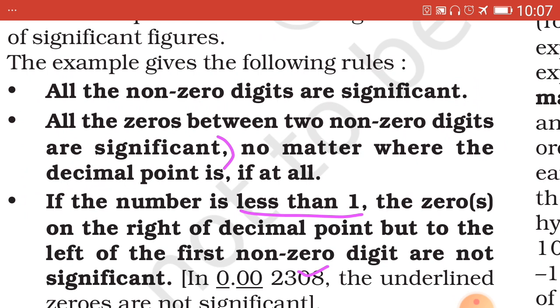So whether there is a decimal point or not, in short, all the zeros between two non-zero digits are significant. Next one, if the number is less than 1, say, we see the example here, that is 0.002308.